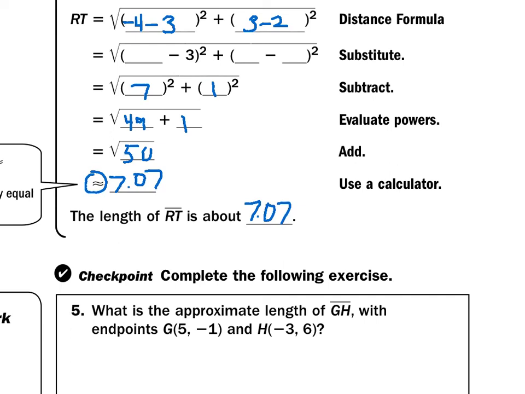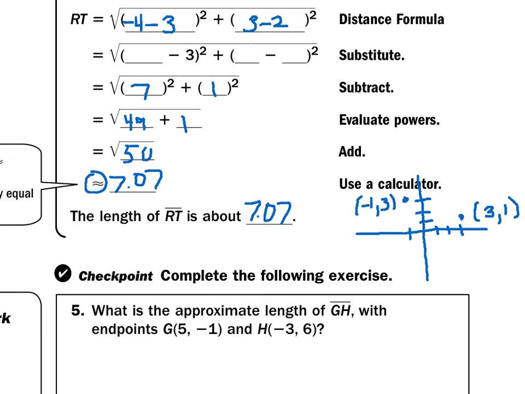Let's do another one of those real fast, just because I want to make sure you understand it. So let me draw a little graph. You don't have to do this on your paper. Just listen to this one. So let me put a point at 3, 1, and let me put another point at -1, 3.